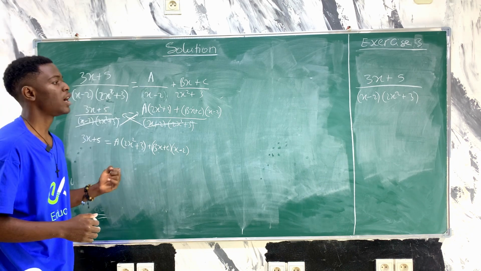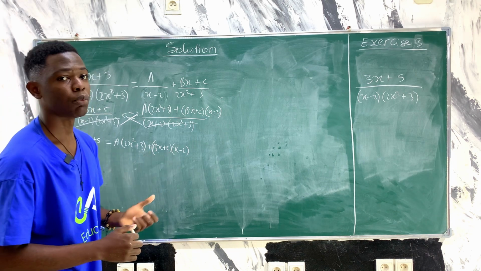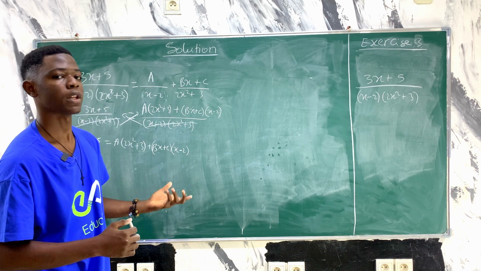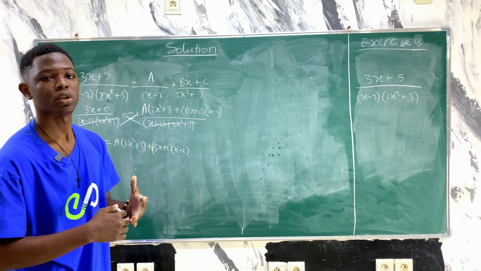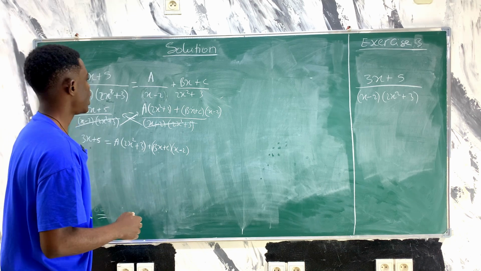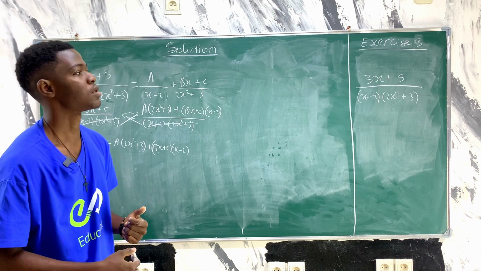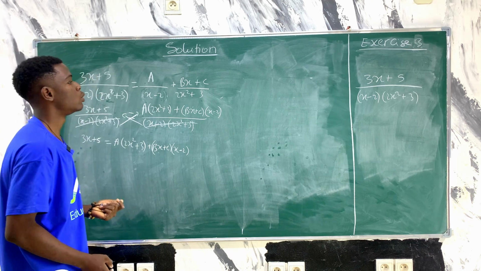So when I have it like this, I can either expand and compare the coefficients or let. I've taught already how to expand and compare coefficients, and I've also taught how to let. So here I'm going to find A, I'm going to use the cover-up method to find it fast. How do I use the cover-up method?